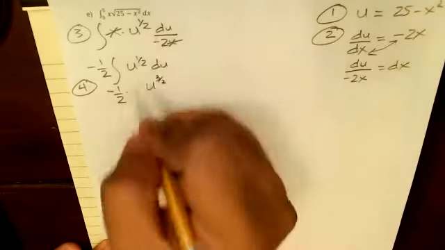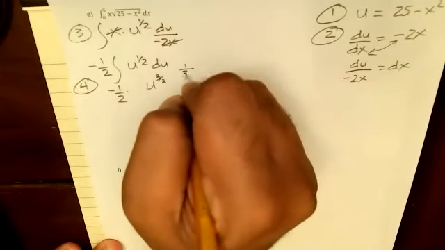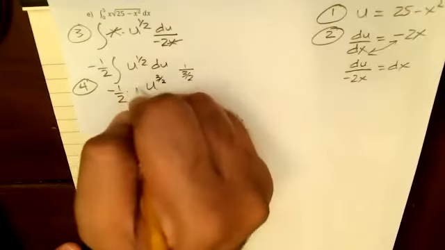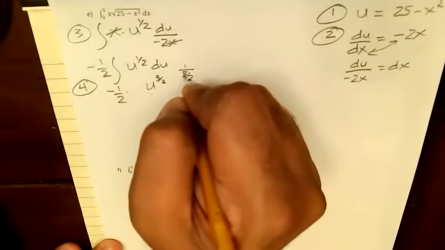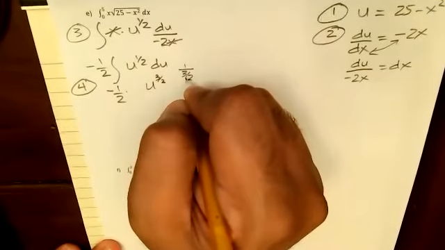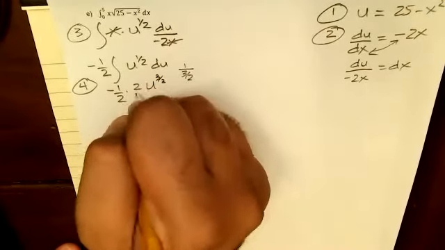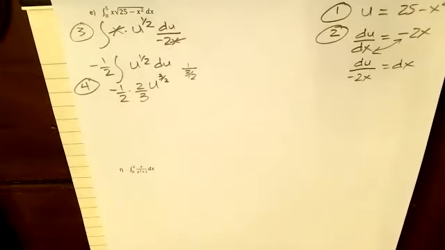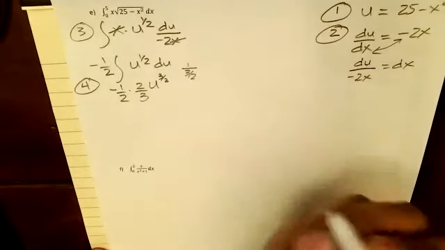And then you have to do 1 over 3/2 in front, but I'm going to write it over here. Because you're dividing by the fraction 3/2, instead of dividing by a fraction I'm going to multiply by the reciprocal. So I'm going to flip 3/2, which gives me 2/3, and that's what I'm going to put right here. Because 1 over 3/2 is the same thing as 2/3.